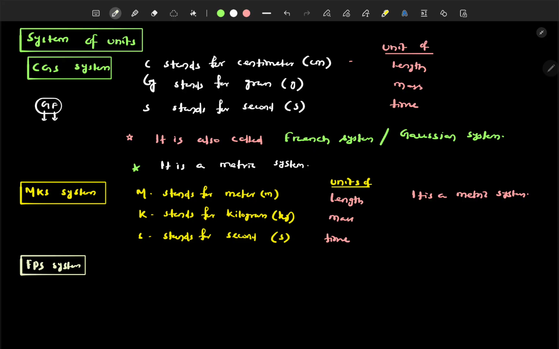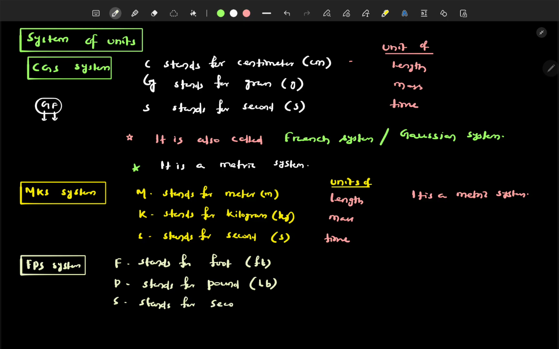Here F stands for foot, that is FT, P stands for pound, represented by LB, and S stands for second, that is S. Foot is the unit of length, pound is the unit of mass, and second is the unit of time.